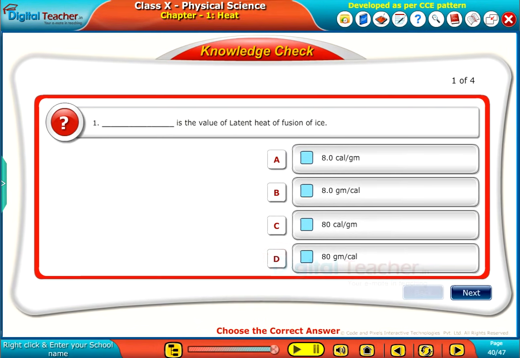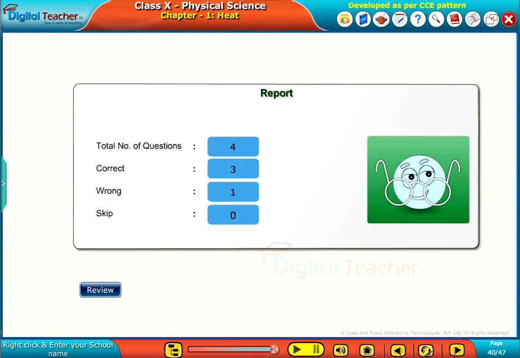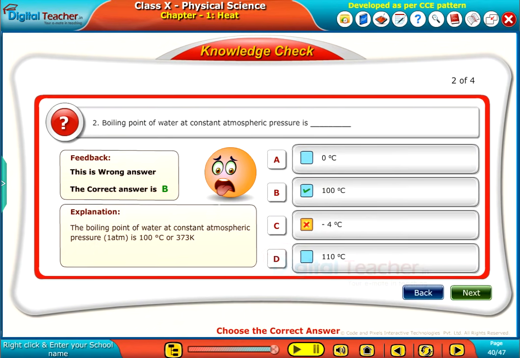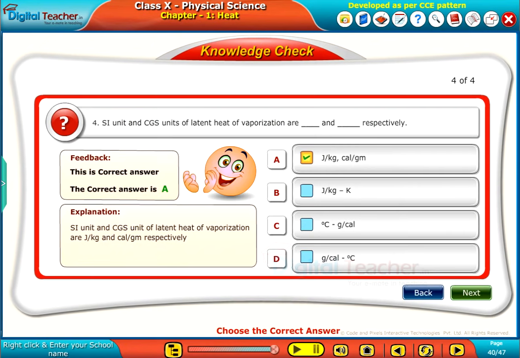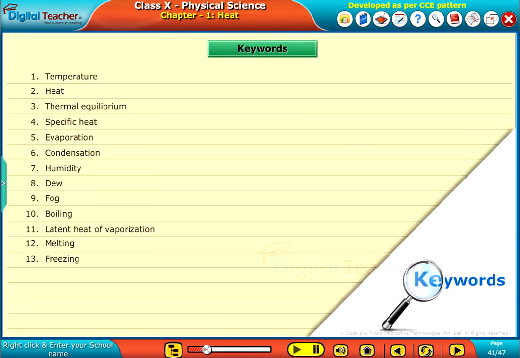Knowledge check. Attempt the following question to check your understanding. Keywords.